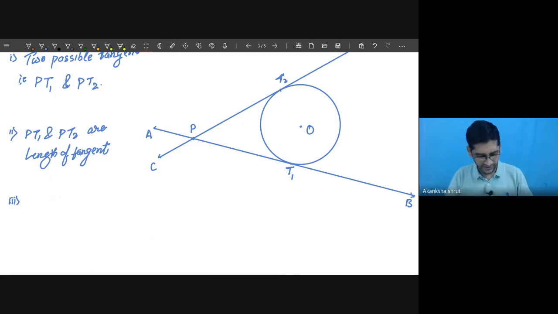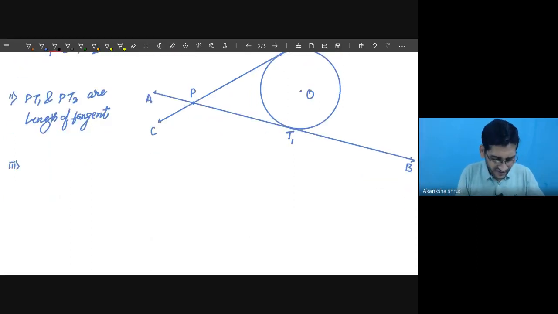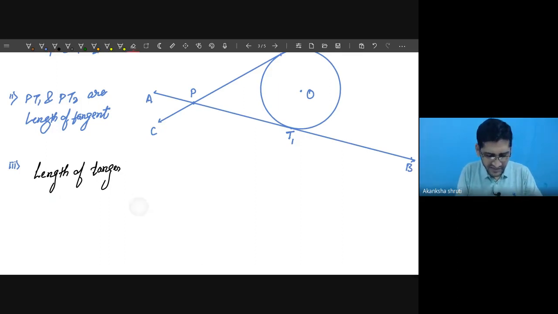So let us take it. Length of tangents. How many tangents can we draw?